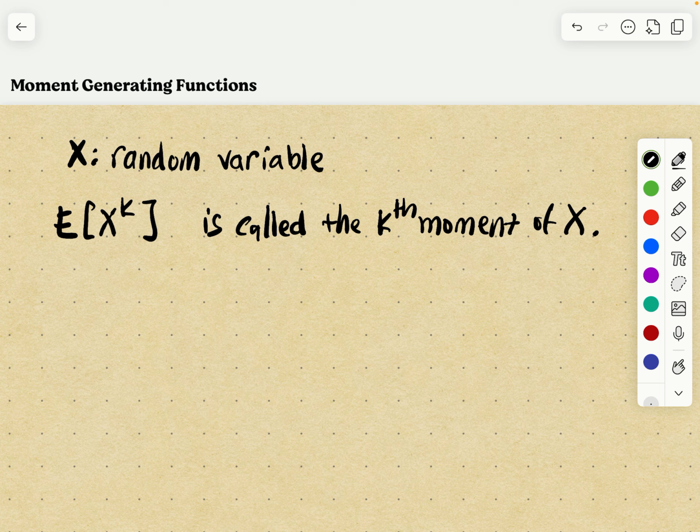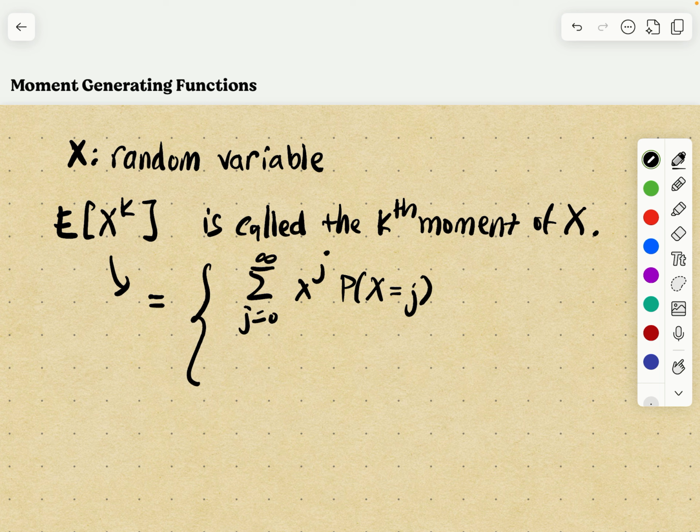And so this is the sum of j times the probability that x is equal to j, from j equals 0 to infinity, if x takes values from 0 to infinity.